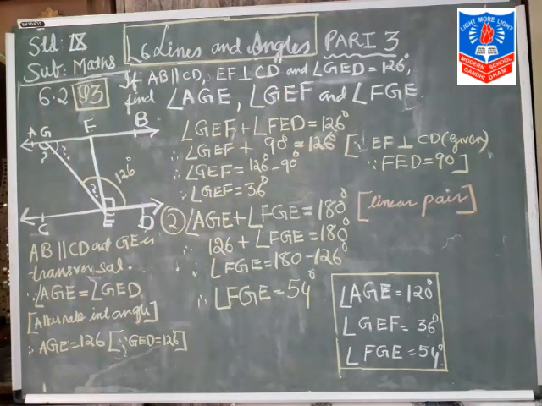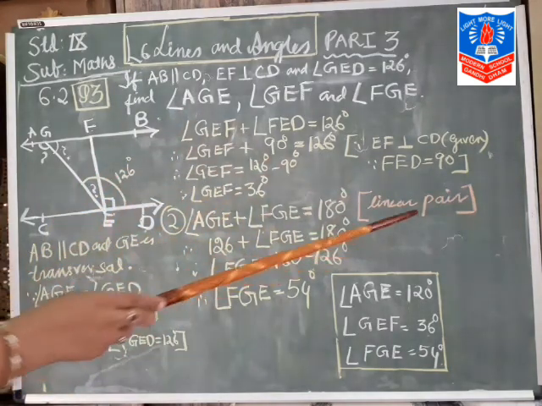So now we can start the third one. AGE and FGE equals 180, because AGE and FGE have a common arm EG, and GF and GA are opposite rays. So this angle and this angle equal 180. Linear pair is always 180.